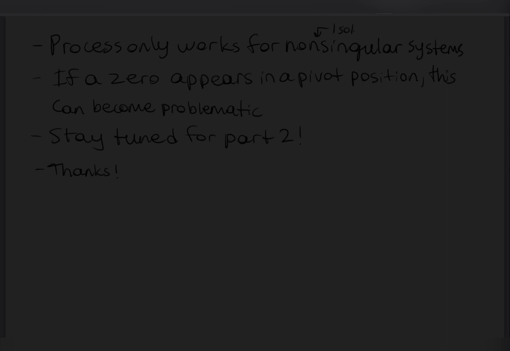My next video will explain how to solve singular systems with Gaussian elimination. And if a 0 appears in a pivot position, this can become problematic, and we would need further theory. I would need to teach you more about Gaussian elimination to solve that system of equations if a 0 appears in a pivot position.